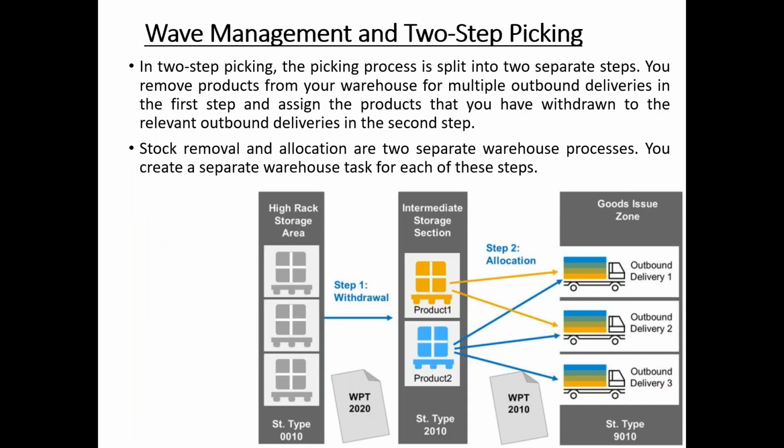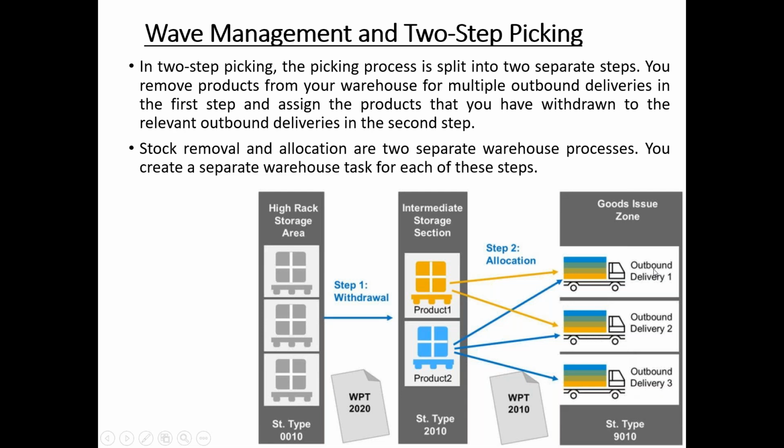Okay, then we have wave management and outbound two-step picking, where you are grouping multiple deliveries in a wave and moving them to the staging area, the intermediate area. And from the intermediate area, you move it to the individual deliveries. For example, I have the requirement of 20 units, 30 units, and 50 units.